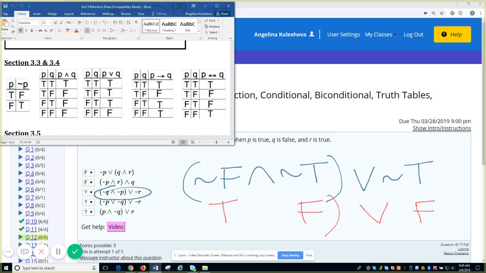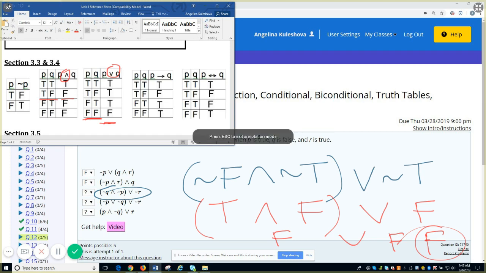And I'm going to bring down all the other operations like so. And then true and false, let's look at the table for the AND. True and false is false. So the result of doing the parentheses is false. And I'm going to bring down that OR operator. And so the OR says when I have both false inputs, the result of that is false. Another false.